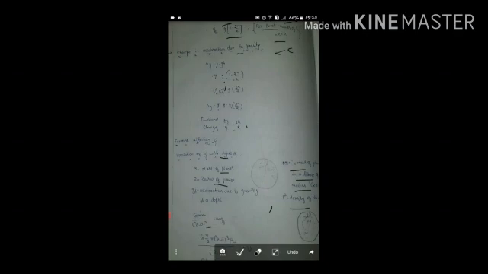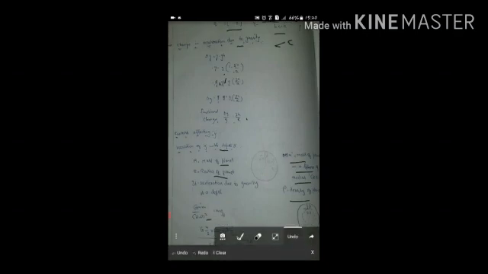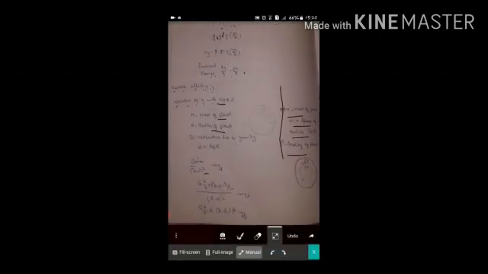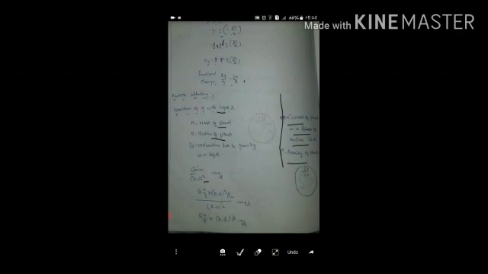We know that formula, and if we substitute, m gets cancelled, and M dash value we know already, 4 by 3 pi r cube rho, where r is R minus d. We can write it as G into 4 by 3 pi R minus d cube into rho into m by R minus d whole square.